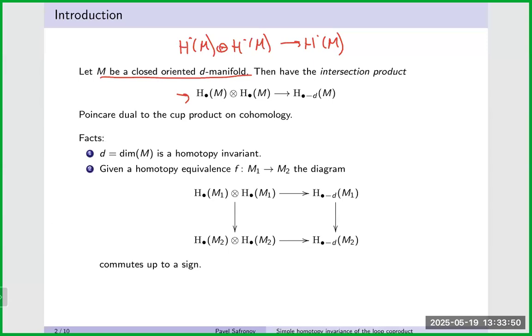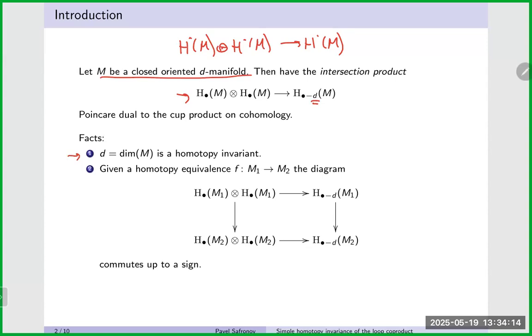To even formulate this question, to say that this product is homotopy invariant, you have this shift by d. So first of all, you want to know that the dimension of a manifold is homotopy invariant. If you have two homotopy equivalent closed oriented manifolds, then their dimensions are the same. Okay, so that's a true fact.